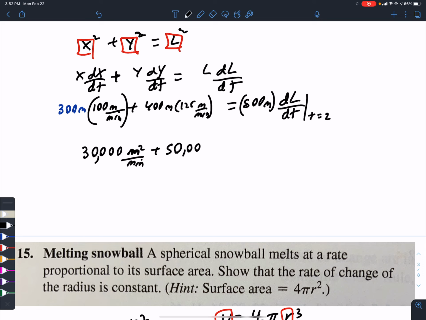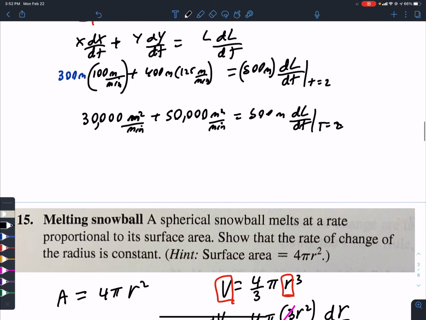If I'm doing my math right. There's a good chance I'm not. We're going to add these up. We're going to get 80,000. I'll make some comments about simplifying. I don't have to be doing all the simplifying.